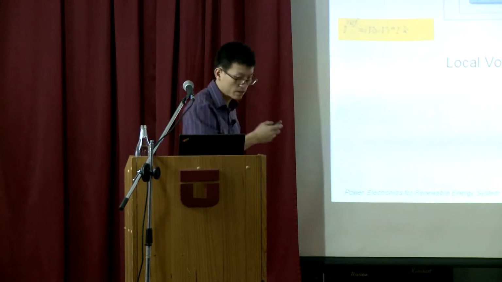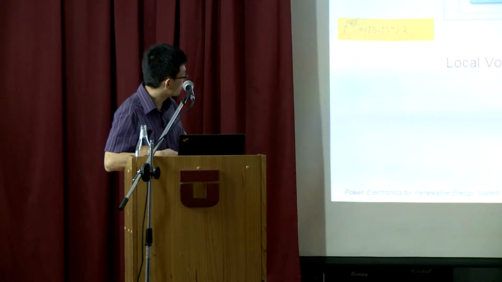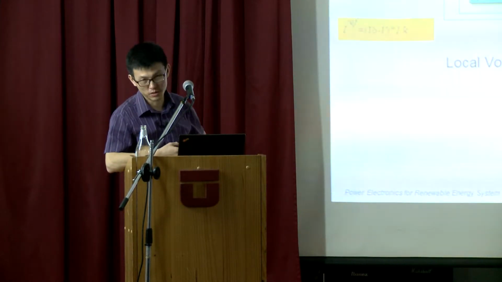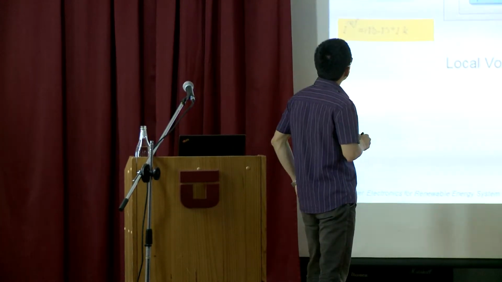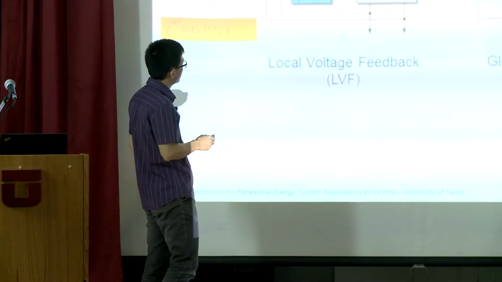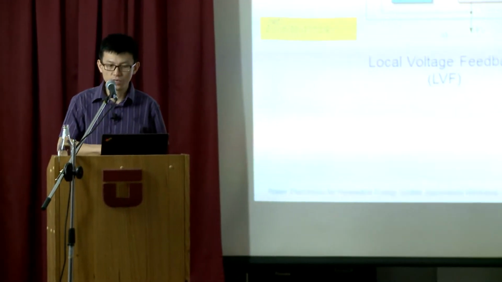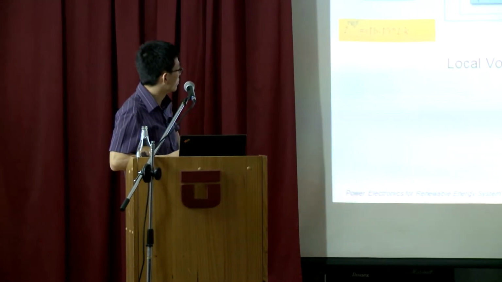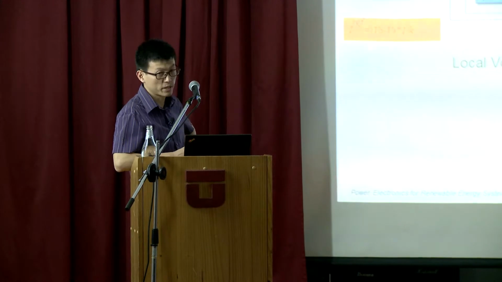So for the other one, it's called local voltage feedback, essentially in the current mode droop. What you have is you feed back voltage to the droop, so the current reference will be generated from this droop gain.